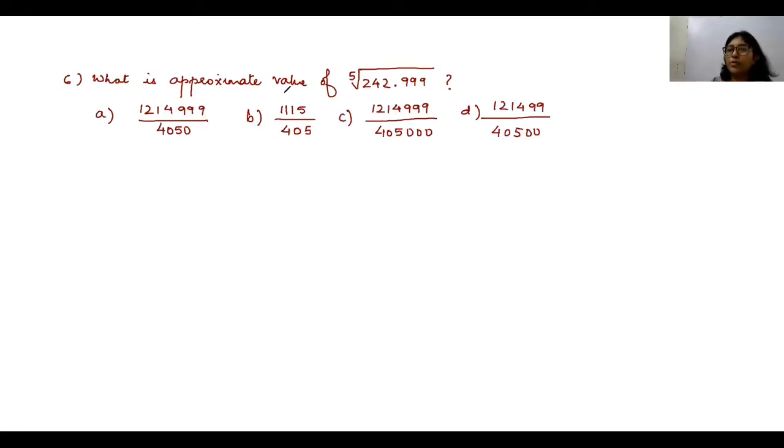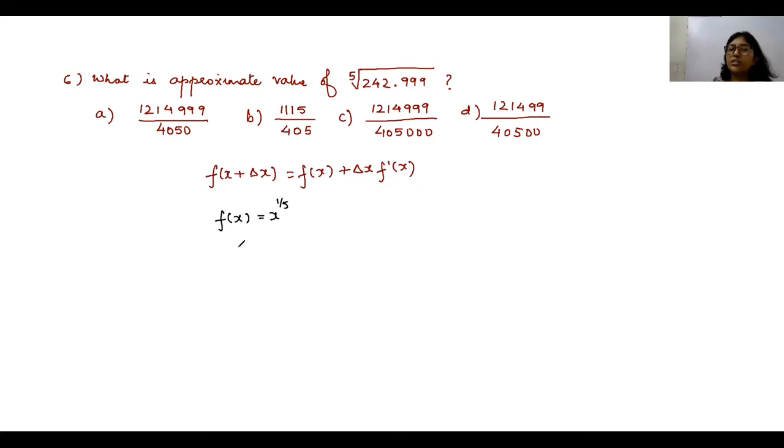For finding the approximate value, let us use the formula f of x plus delta x is equal to f of x plus delta x into f dash x. Let's first identify the function. Our function is x raised to 1 by 5 because it is the fifth root of the number.